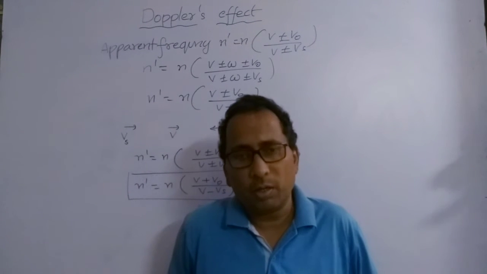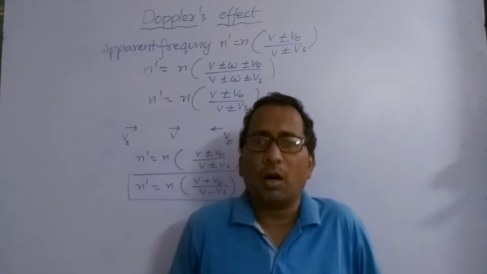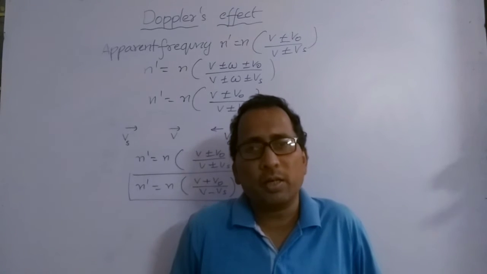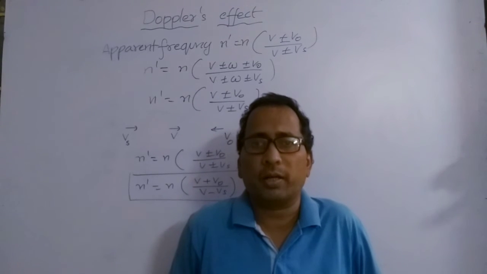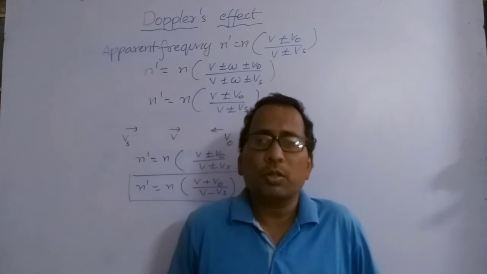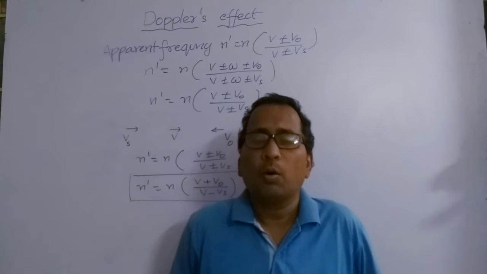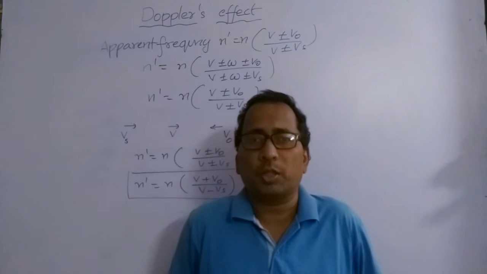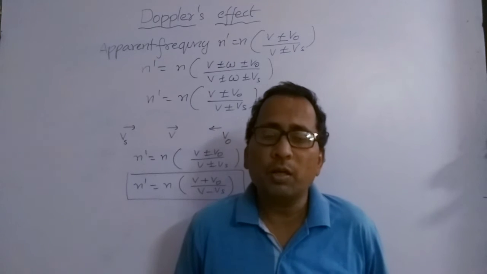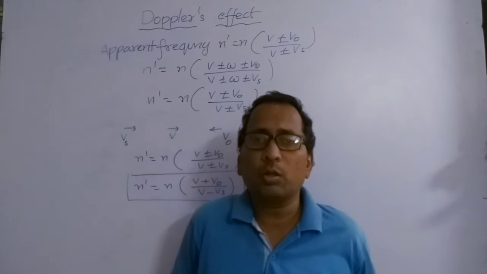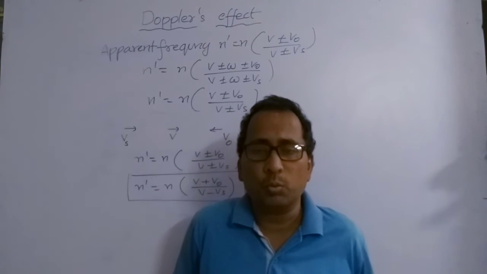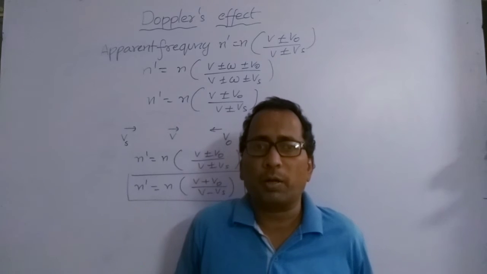Second, source and observer both at rest, again no Doppler effect. Third, if the source and observer are moving perpendicular to each other, that means one of them is perpendicular to the line joining the two, again there is no Doppler effect.